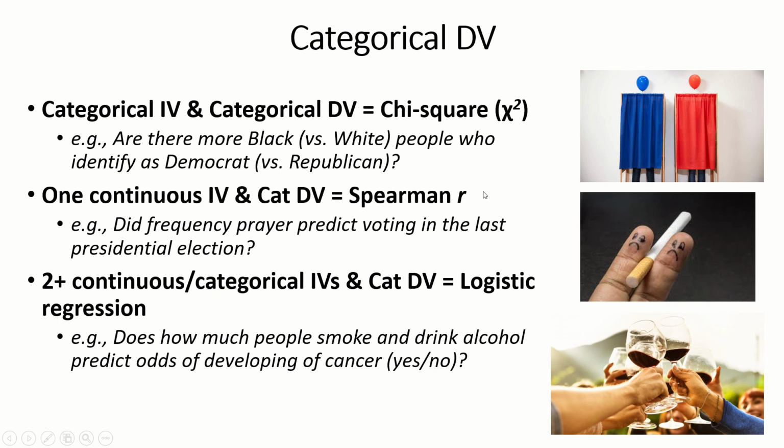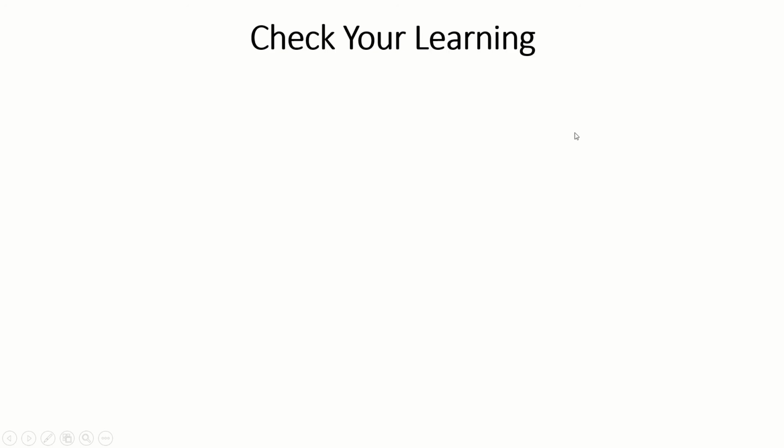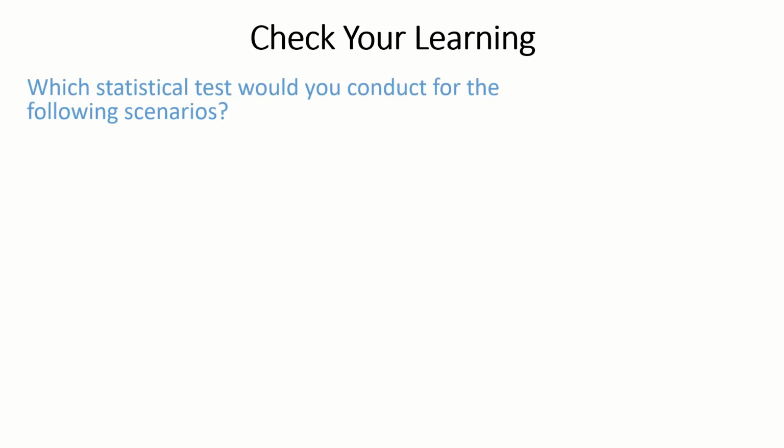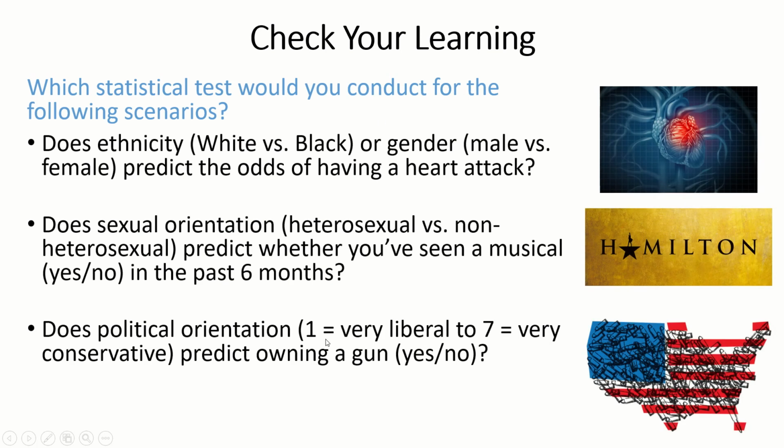So we have chi-square, Spearman's R, logistic regression, and then just to check your learning about when to use each of these tests, which statistical tests would you conduct for the following scenarios? We have 3 scenarios, and we're going to use one of those statistical tests, chi-square, Spearman's R, or logistic regression, for each of these scenarios.